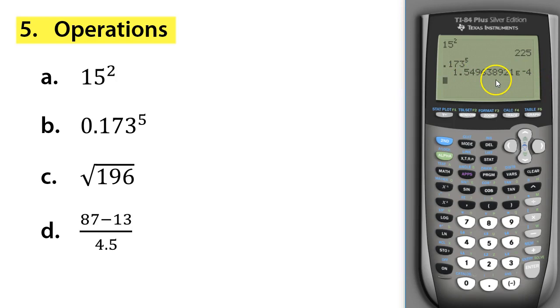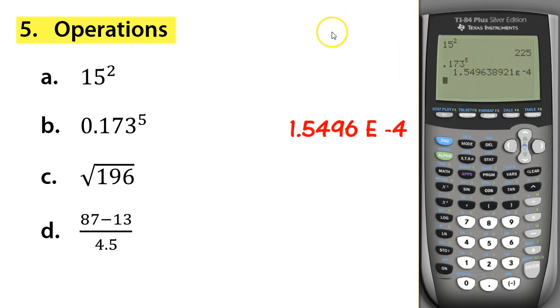Now you'll notice this funny looking expression. This is scientific notation, and what this is, is E to the -4. Anytime you see that, it's scientific notation telling you that this is times 10 to the -4. In order to see what this answer looks like in decimal form, essentially you're going to divide by 10 to the 4th power, which is equivalent to moving the decimal point 4 times to the left.